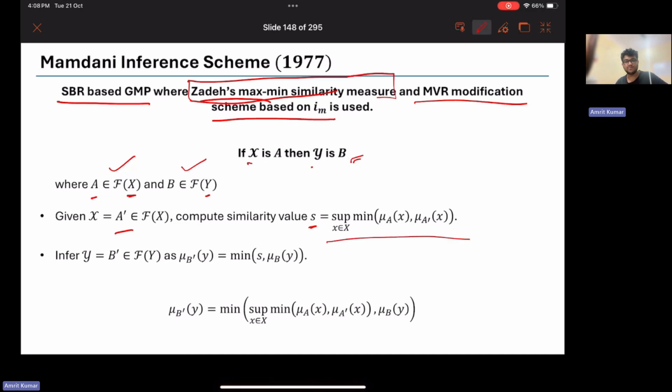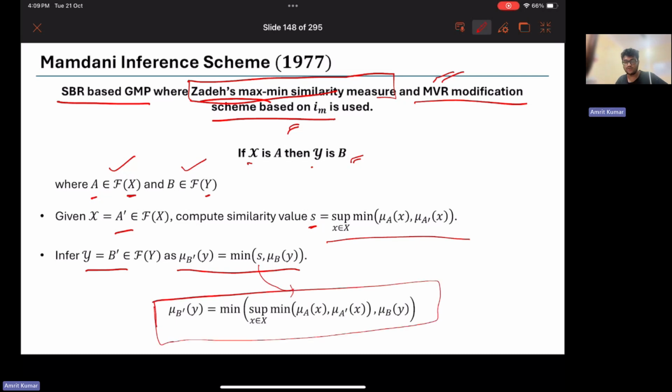That is this particular formula. Having computed this S, we infer our output fuzzy set B dash by modifying B. And how is this modification done? Using MVR modification scheme, but based on minimum T norm. That is, this is how the membership function of B dash looks like. And if you substitute the expression for S, you'll get this formula.